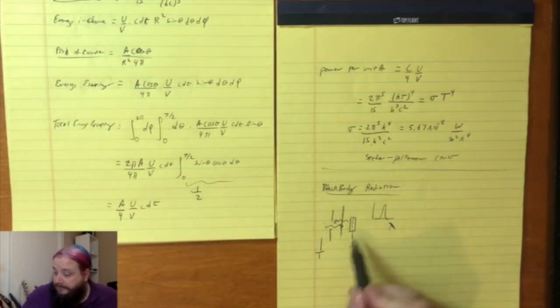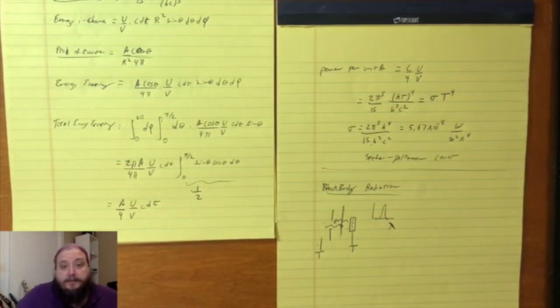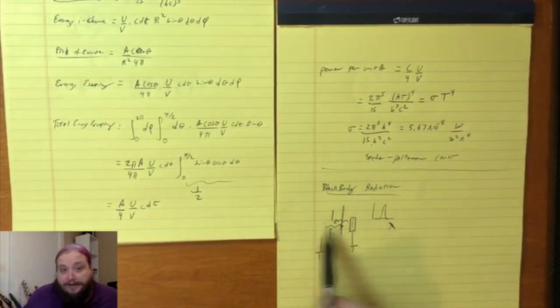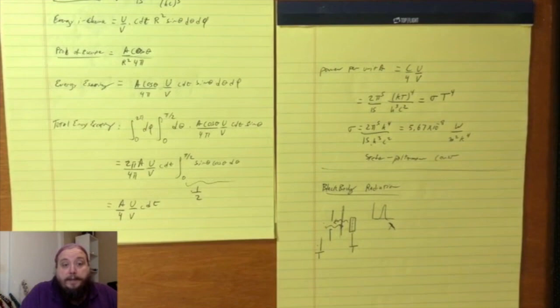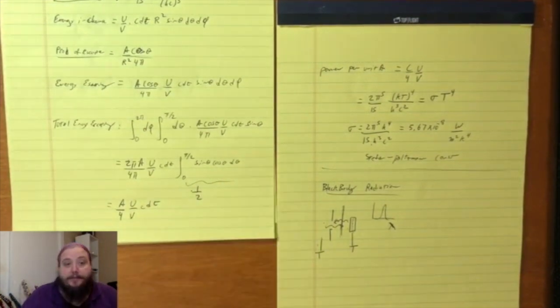If this is at the same temperature as the oven, then there can't be a net exchange of energy. So it's not just that the bulk power must be exactly the same as from the oven, but the wavelength by wavelength, frequency by frequency spectrum must be exactly the same.